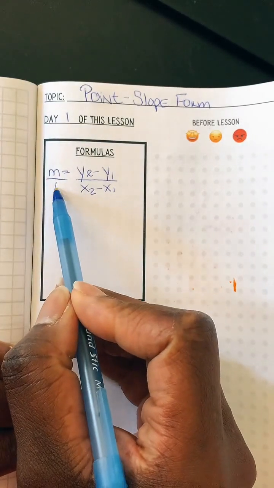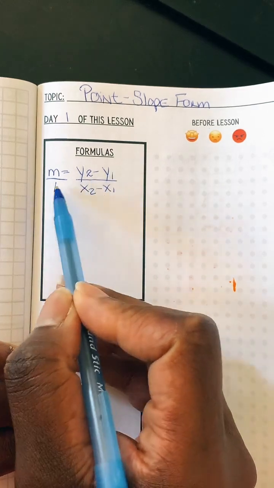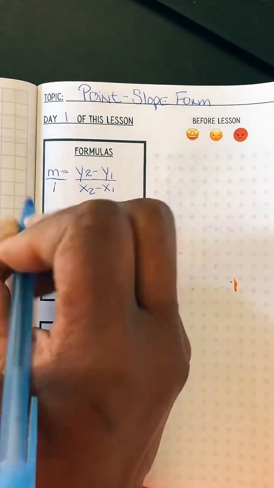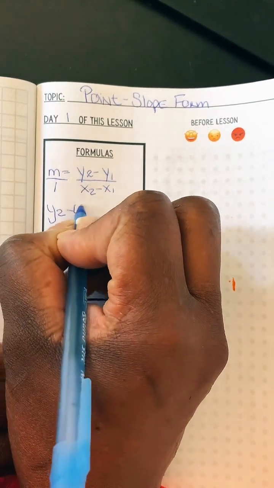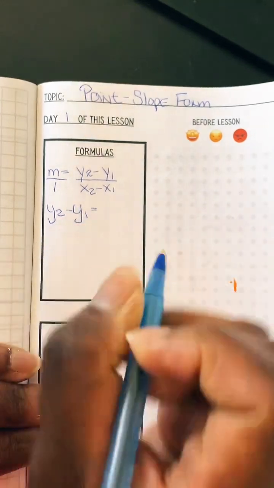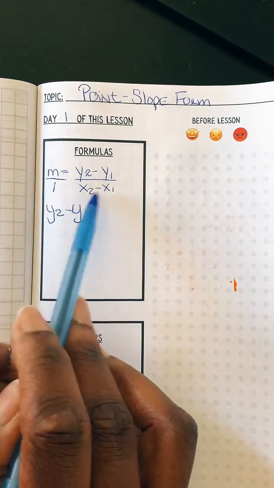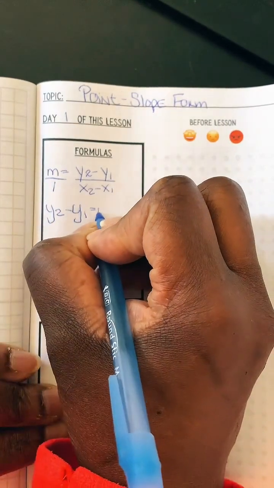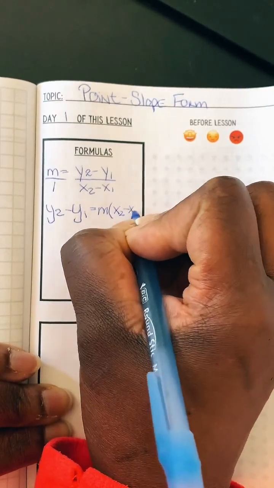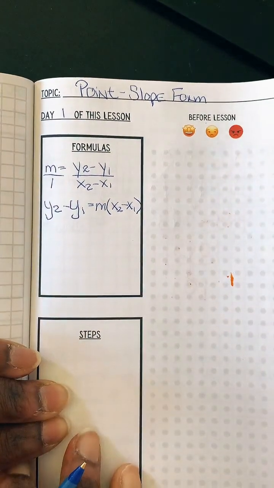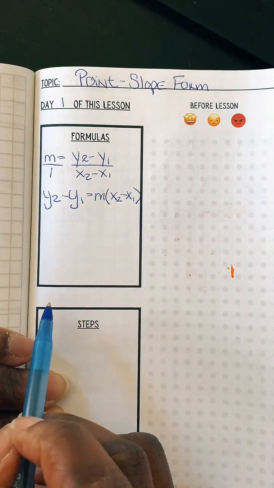So if I multiply 1 to this y2 minus y1, anything times 1 is itself. So I'm going to write my y sub 2 minus my y sub 1. And then I will multiply my m times the difference of the x's. So I have my m times my x sub 2 minus my x sub 1. So this is basically the format for point slope.